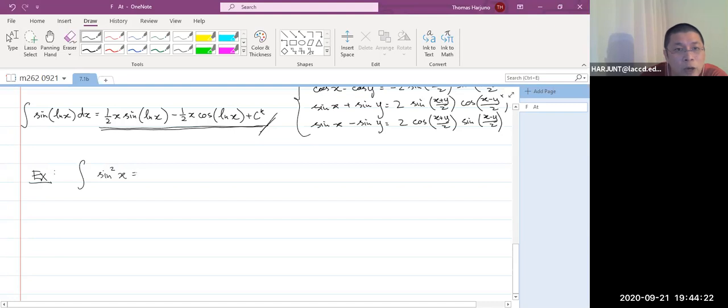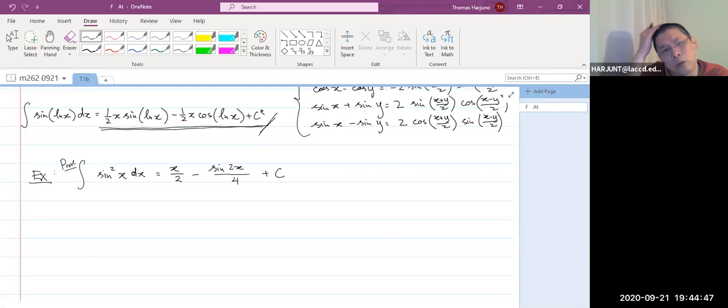Integral of sine squared dx, prove that this equals x over 2 minus sine 2x over 4 plus constant. Proof. I don't think that's how I will do it though.